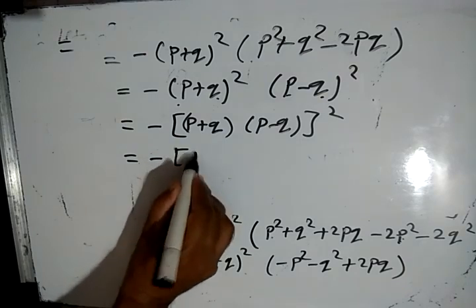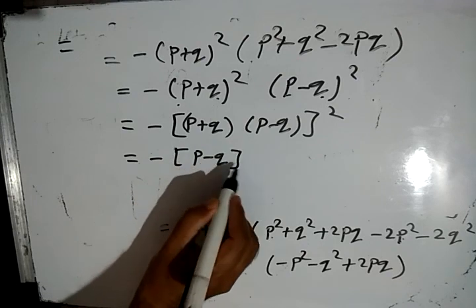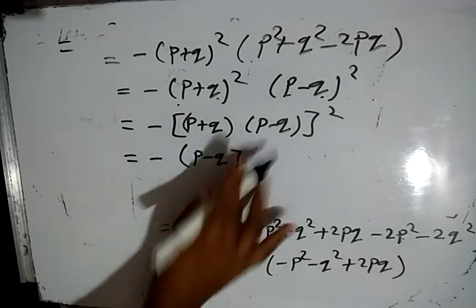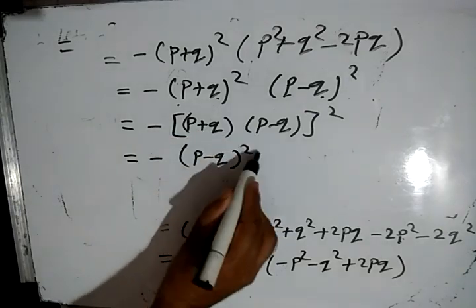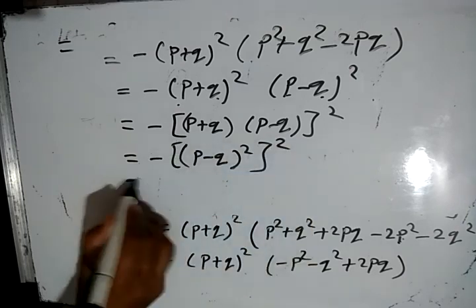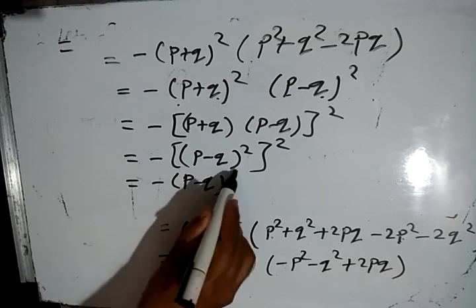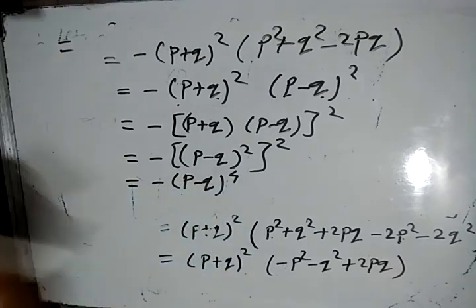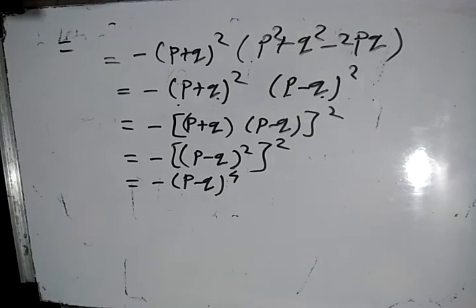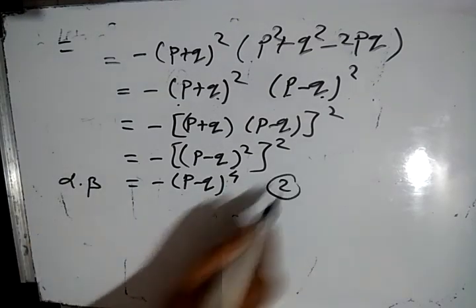We can write p minus q whole square. Here in this way you can write square whole square, that is minus p minus q raised to 4. We can write this statement. This is a value of alpha into beta. This is the second equation.